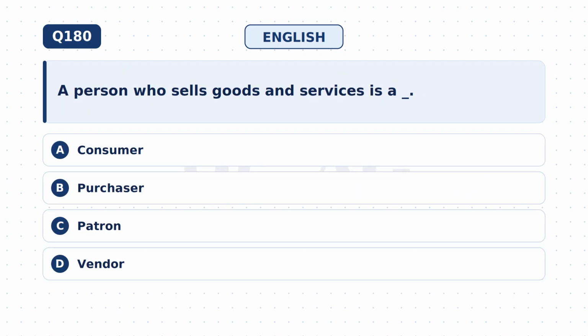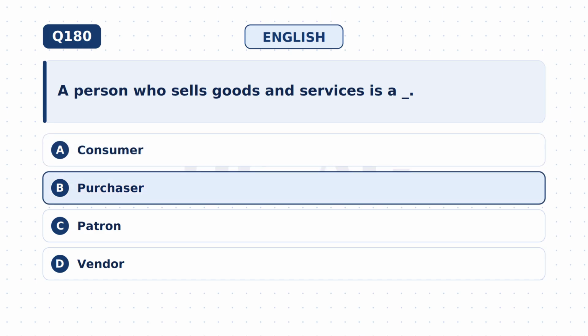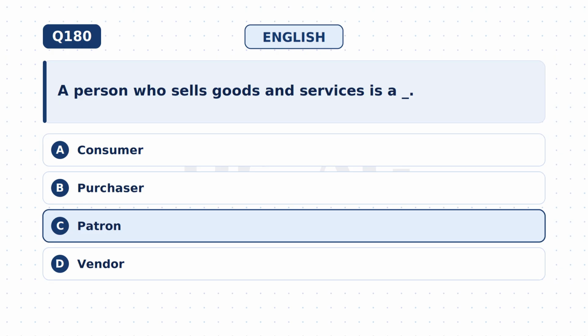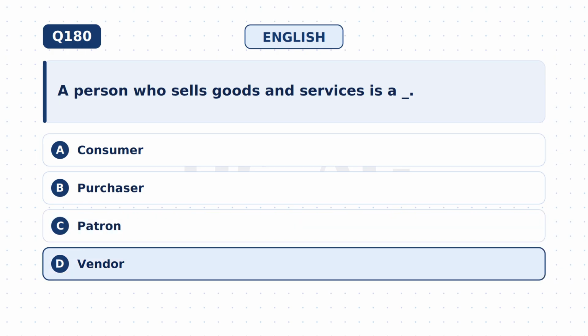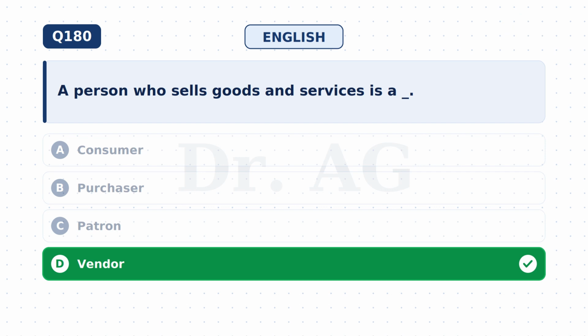Question 180. A person who sells goods and services is a blank. Option A, consumer. Option B, purchaser. Option C, patron. Option D, vendor. The correct answer is D, vendor.